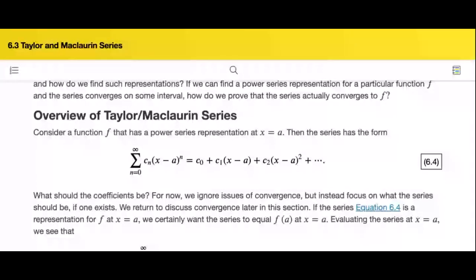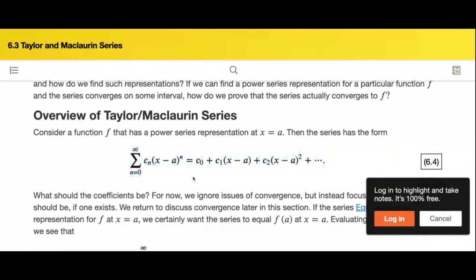So that's the difference. A power series we can understand as very similar to a polynomial function, but with infinitely many terms. How do we represent it? We represent it this way: c_n multiplied by (x minus a) raised to n, n goes from 0 up to infinity. To register this idea, we can write out some terms.